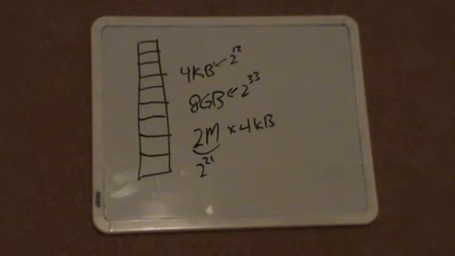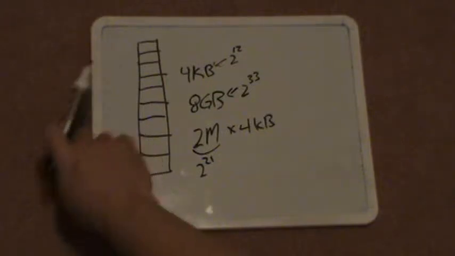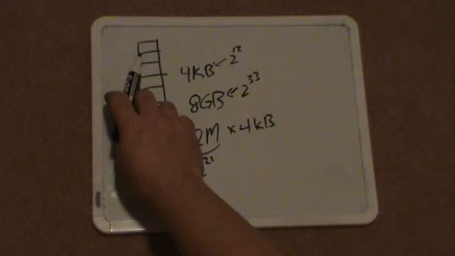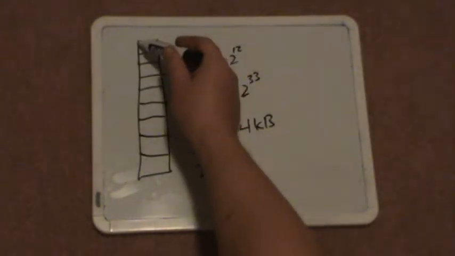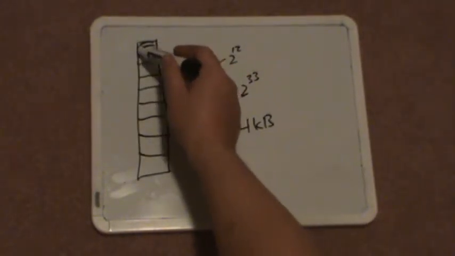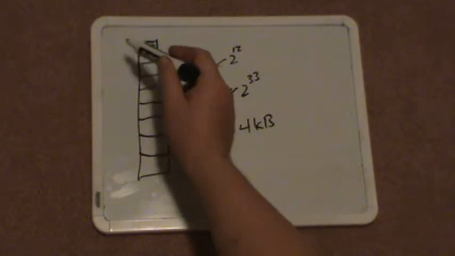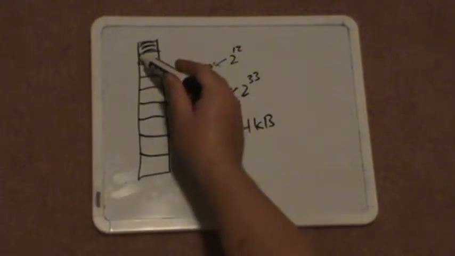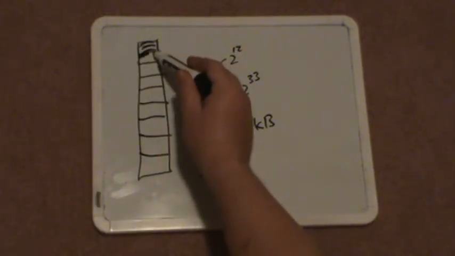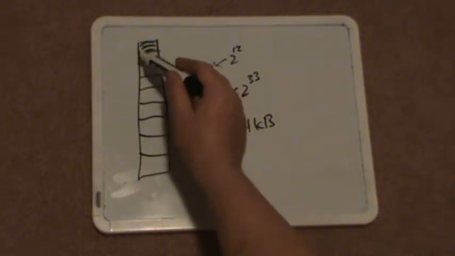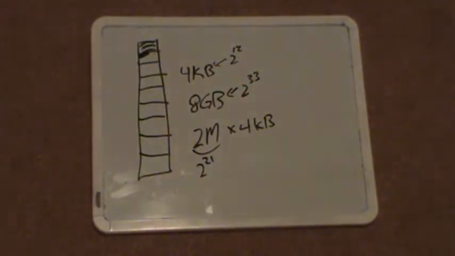Now externally everything's perfect, but internally I might only be using a tiny bit, or I might use a first page perfectly and a tiny bit of the second page, leaving a whole bunch wasted. That's called internal fragmentation.